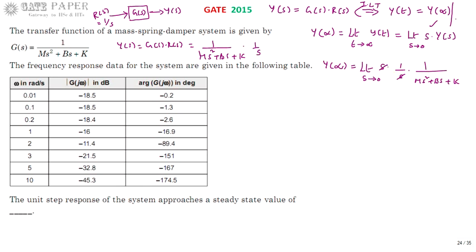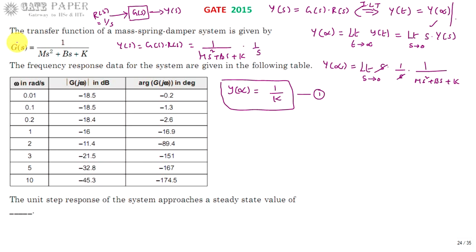S and s get cancelled. Y of infinity is equal to 1 by k, as s is substituted with 0. So ms square will become 0, bs will become 0, so it will be equal to 1 by k. And this 1 by k value is nothing but the steady state value. This is equation 1.